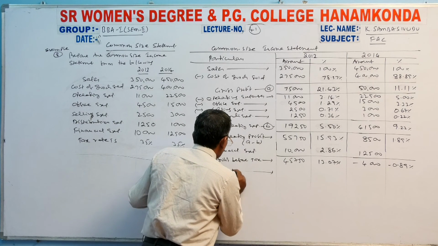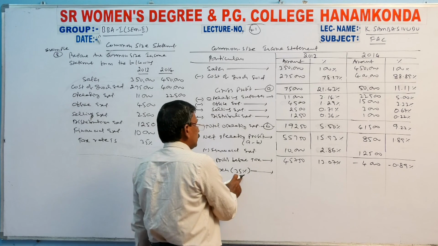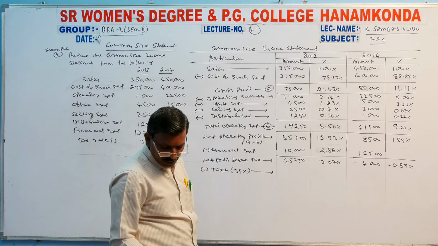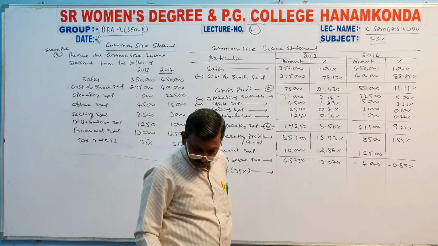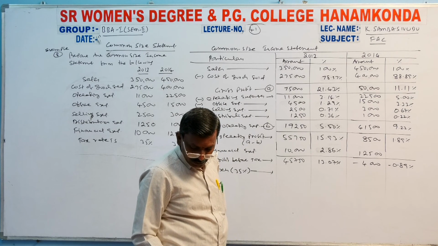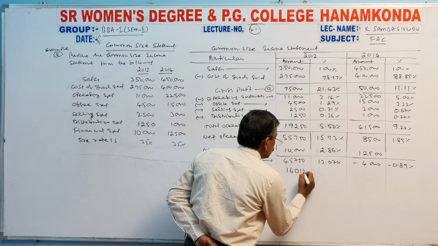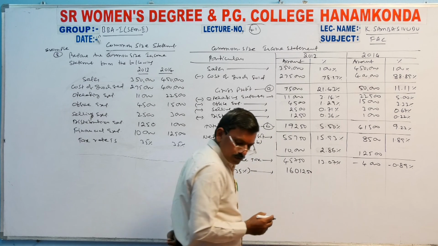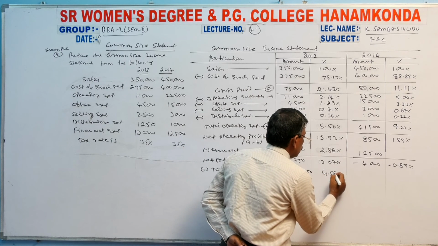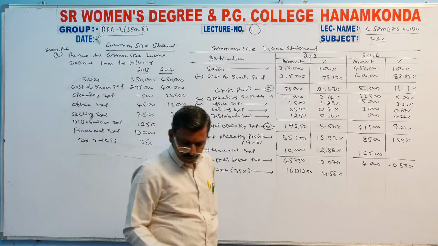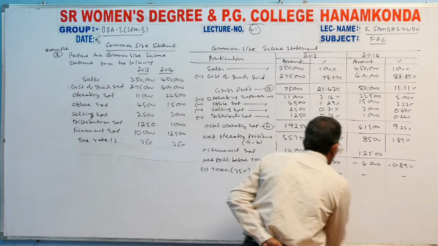So that is 35% on the 45,750, that is 16,012 rupees. So in the current year you have a net loss, that's why there is no need for the tax.